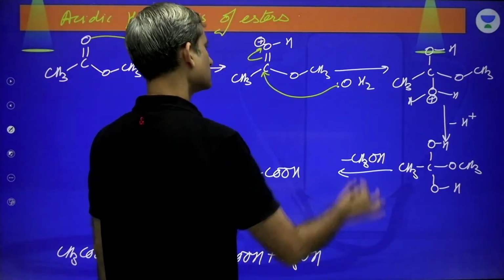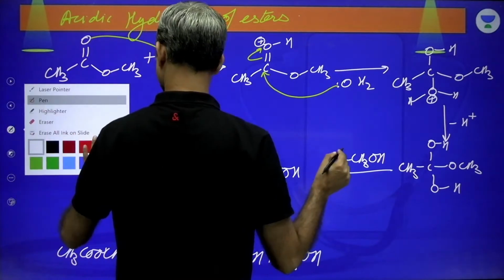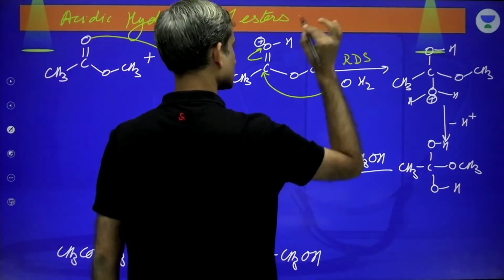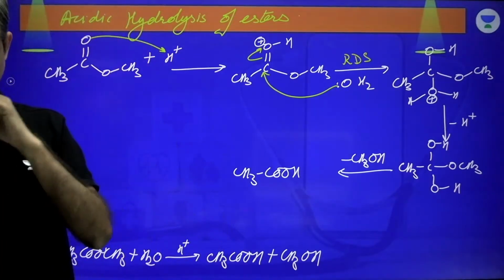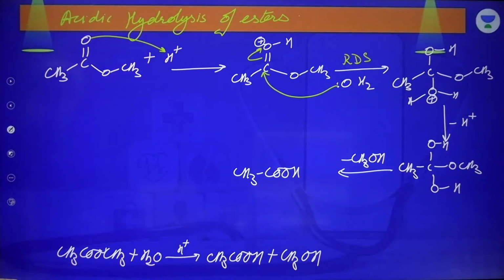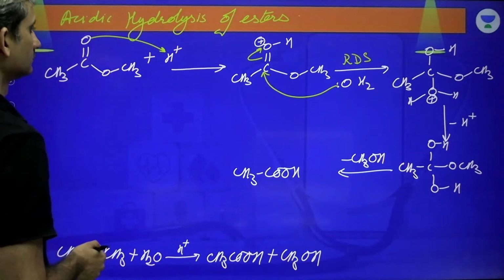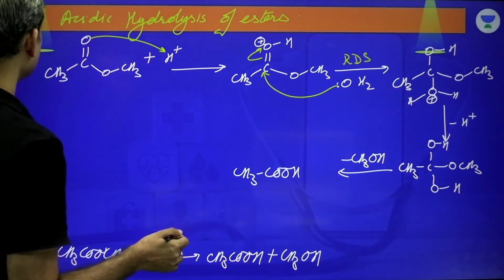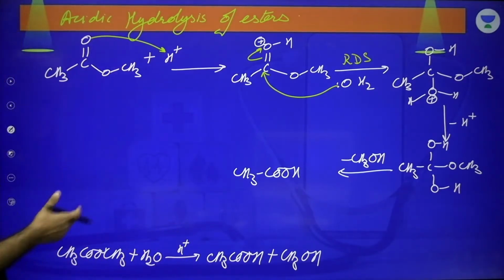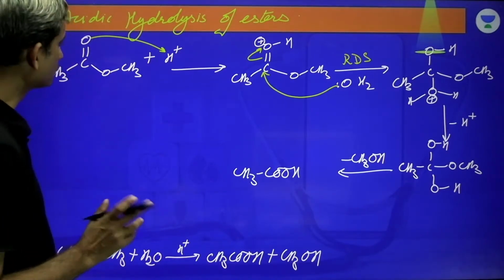Now, for this reaction, this is the rate determining step. Observation, this is the rate determining step. Any problems? Anybody has to ask anything here? Any confusion?